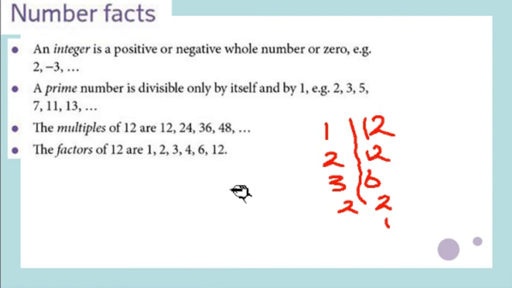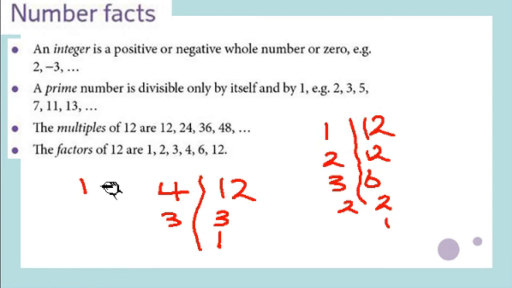So this is another way. Another way we can do it like this. 12 divided by 3 is 4. Divided by 4 equals 3. 3 divided by 3 equals 1.